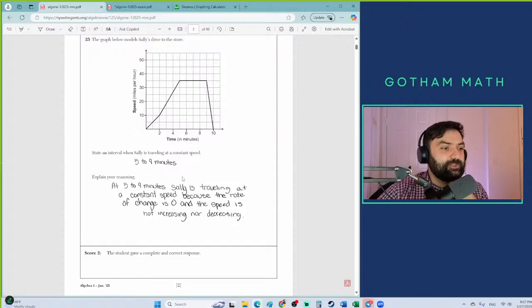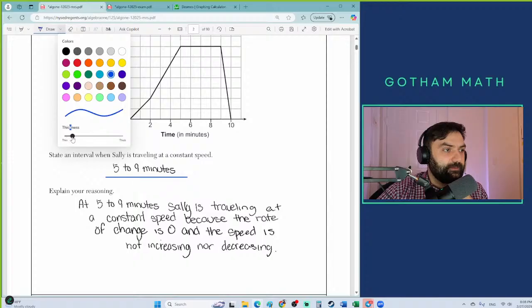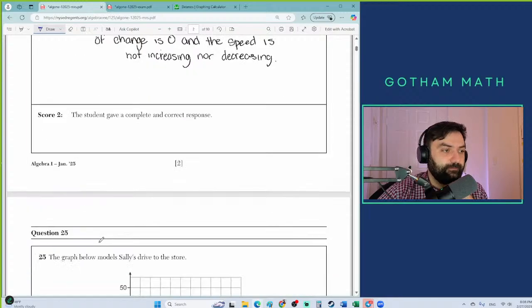So this is a full score 2-point answer. Let me read. 5 to 9 minutes. We got that. And at 5 to 9 minutes, Sally is driving at a constant speed because the rate of change is 0 and the speed is not increasing nor decreasing. Okay.